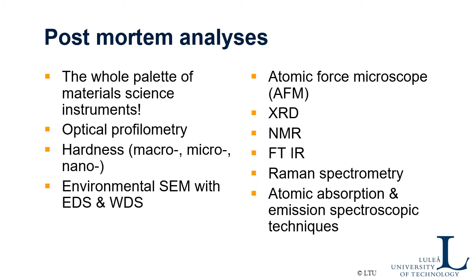So this is a big toolbox, a very expensive toolbox, I would say. Also, most labs don't have access to all these techniques at the same time, but it's normally required in order to get in-depth understanding about what has happened in the tribo contact.